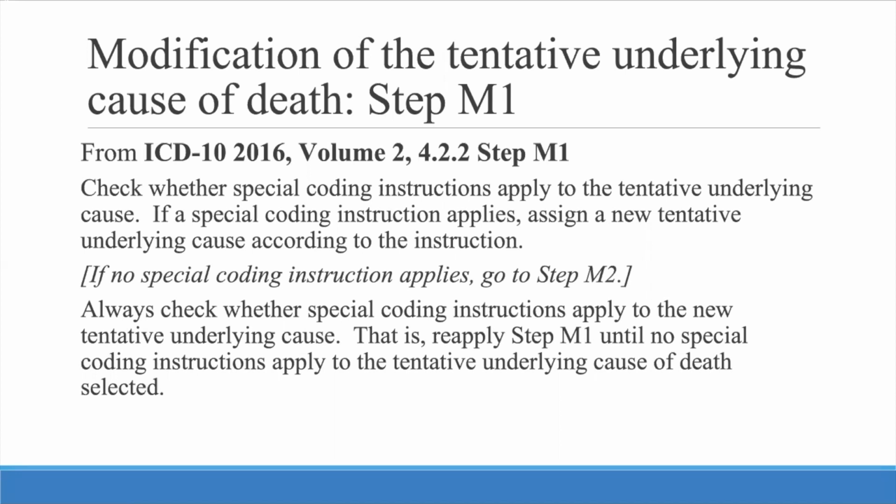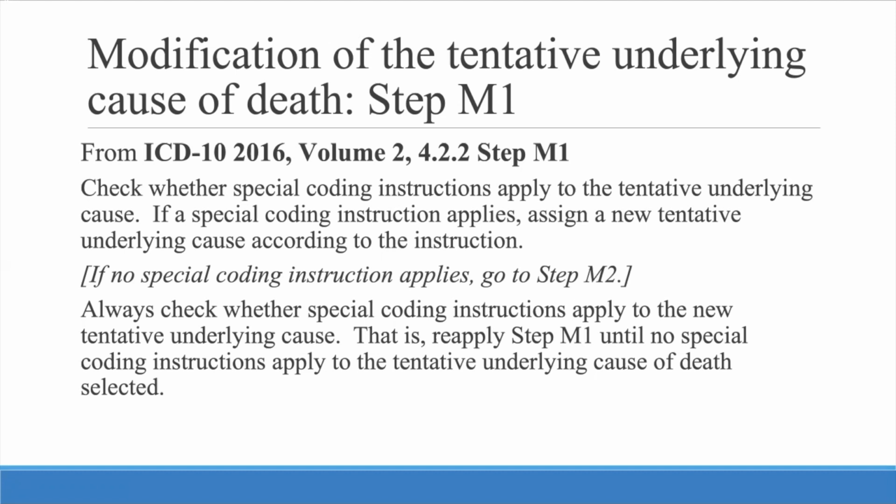In ICD-10, Volume 2 at Section 4.2.1, we can read the instructions about applying step 1, the first of the modification rules. It says here, check whether special coding instructions apply to the tentative underlying cause. If a special coding instruction applies, assign a new tentative underlying cause according to that instruction.